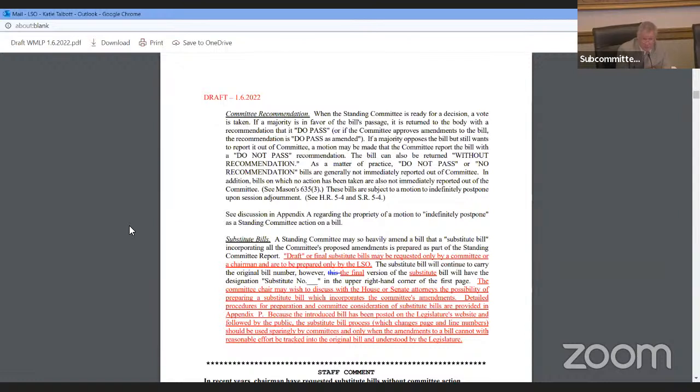Those don't get reported back until after the last day for reporting bills from committee. But when bills have a do not pass recommendation or without recommendation pass, the rules say that that's reported to the LSO, and the LSO puts it on the website so people know what happened, that the bill probably is dead.